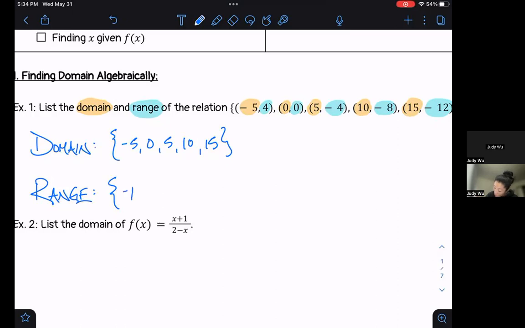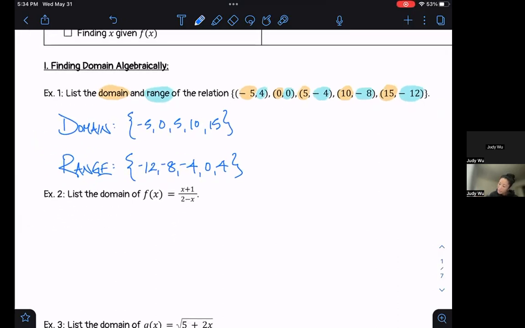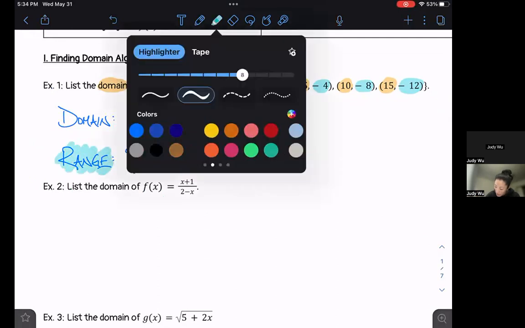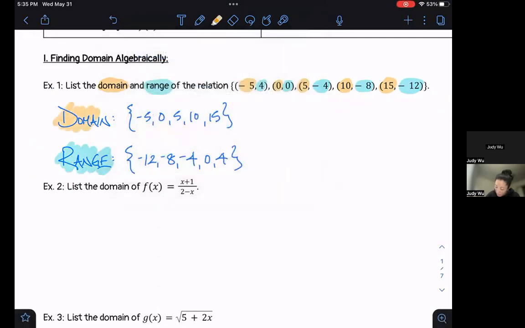So -12, -8, -4, 0, and 4. That's usually how we list them. We just write them out inside the squiggly braces, usually in order from smallest to biggest. Now, if we have ordered pairs, it's pretty straightforward. We pick our domain, we pick our range.